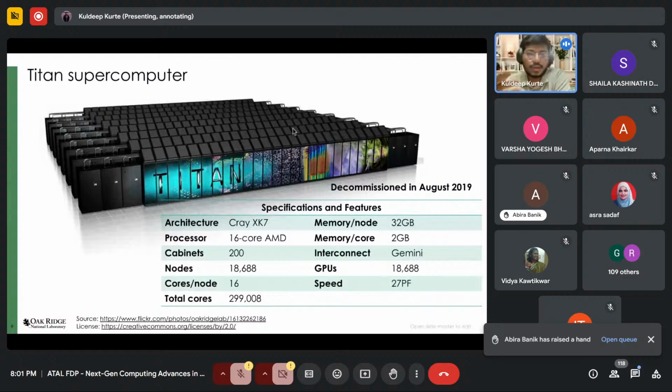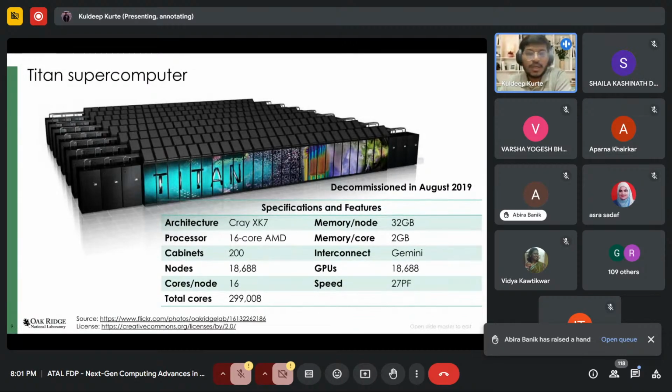you need to write a proposal. They will allocate some core hours to be used on this supercomputer for a given duration of, say, one year or so. It is shared among different researchers, organizations, and universities. That's the point I wanted to make.